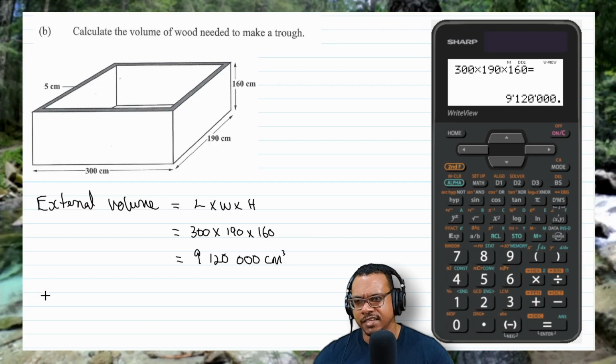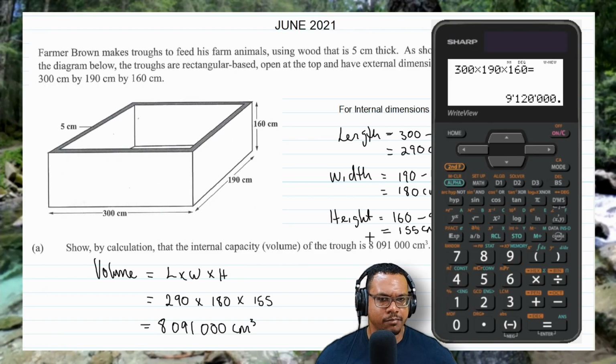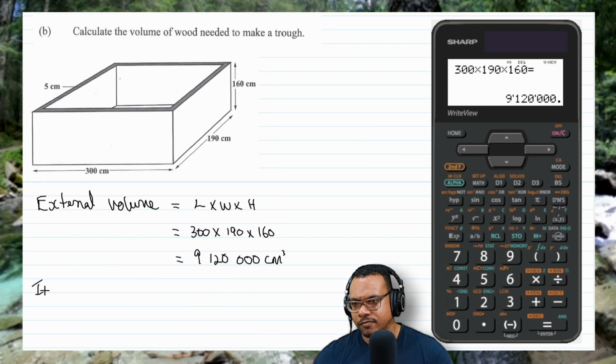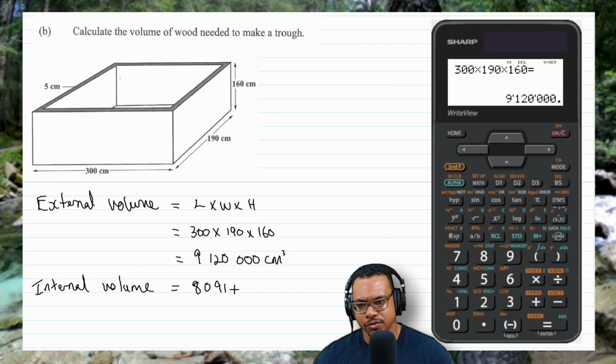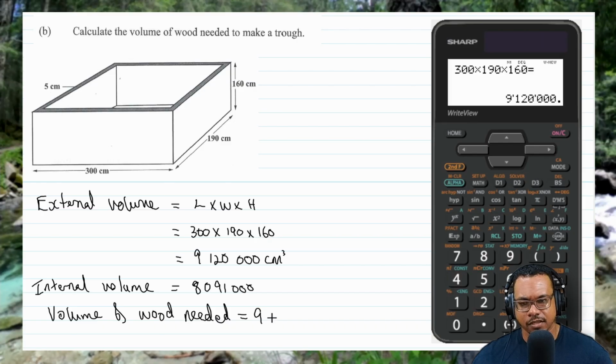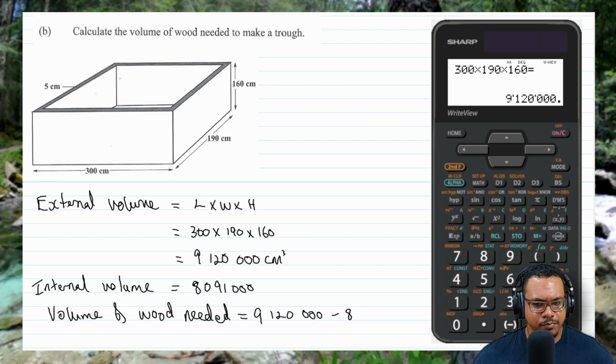Now we're going to recall that the internal volume was 8,091,000. So the volume of wood needed would be equal to the 9,120,000 take away the 8,091,000.